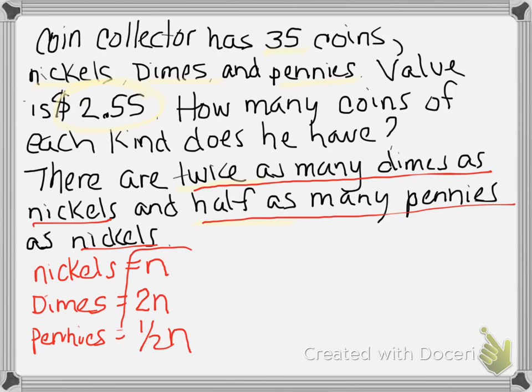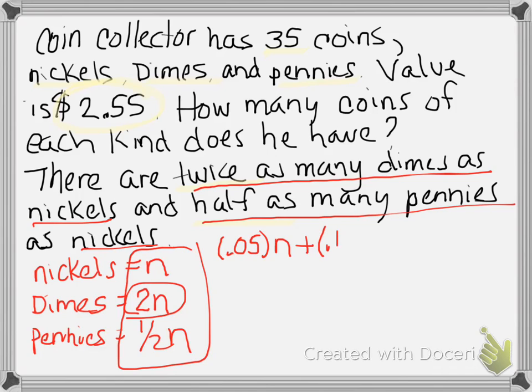Now with this, I can build an equation because I only have one variable. But when I build my equation, I've got to think about how much each of them costs. A nickel is 5 cents. So I'm going to have 5 cents times the number of nickels, which I called n, plus, and now I'm going to look at the dimes. I have twice as many dimes, but dimes are 10 cents.